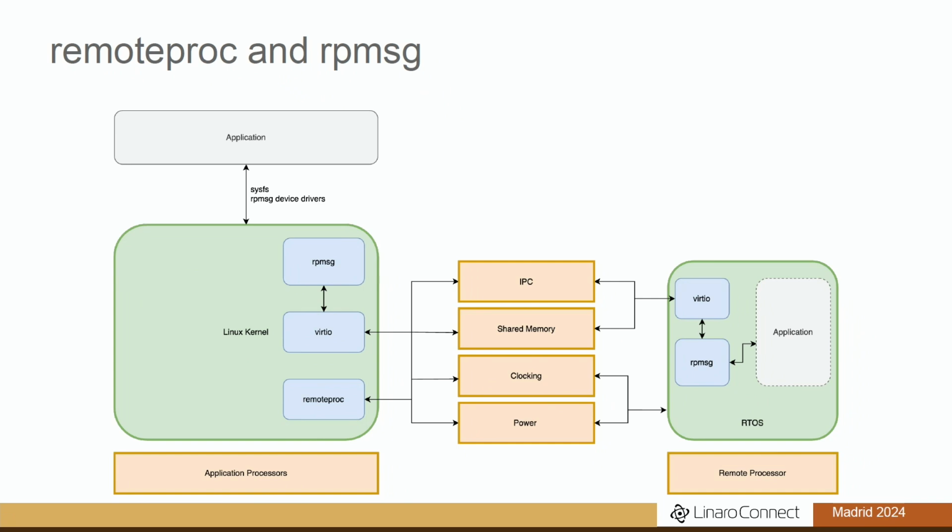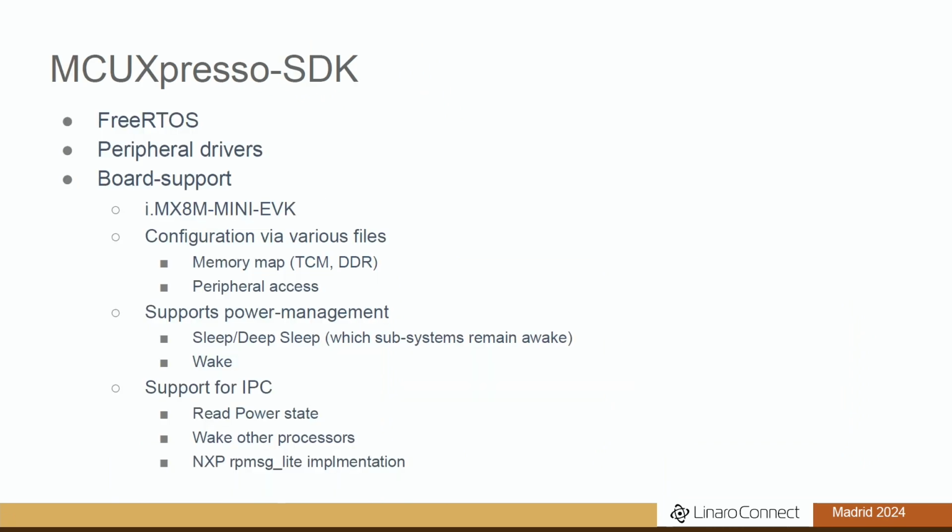Again, out of the box, that all worked fairly well. In order to write the application for the M4, we used the NXP provided SDK, MCUXpresso. That gave us access to their included FreeRTOS. It obviously includes the peripheral drivers and has support for the board.